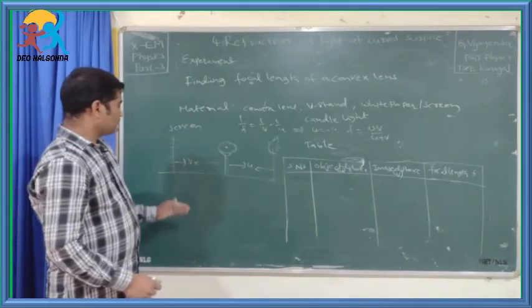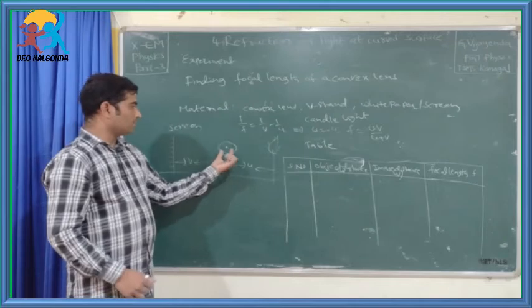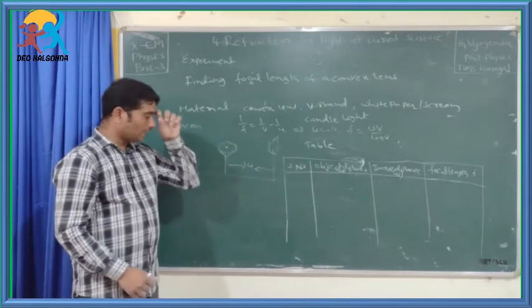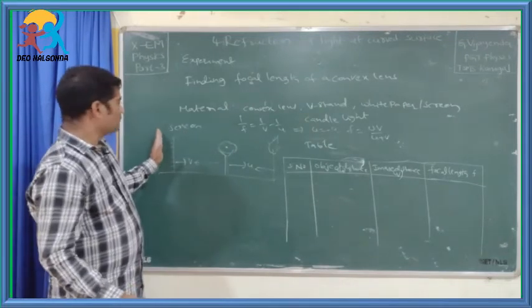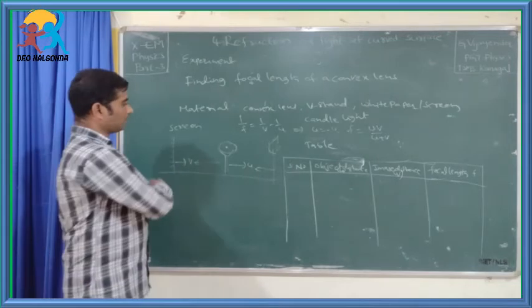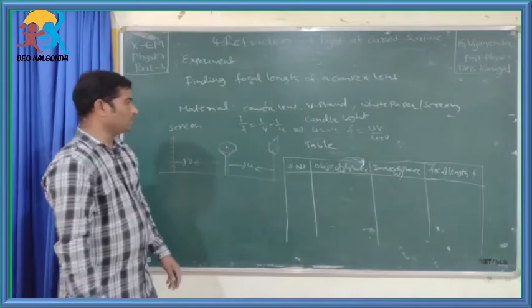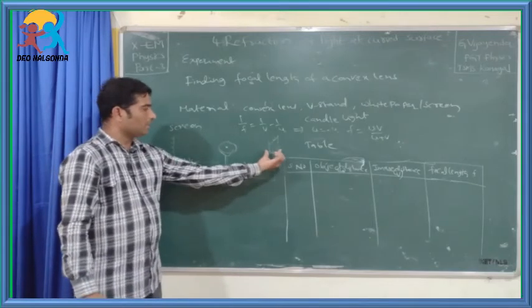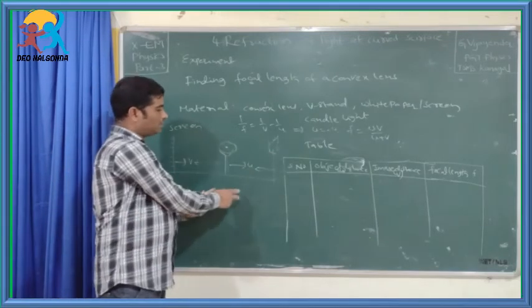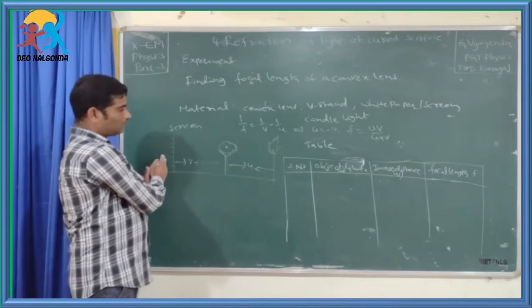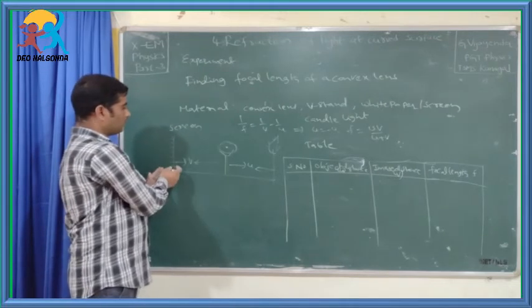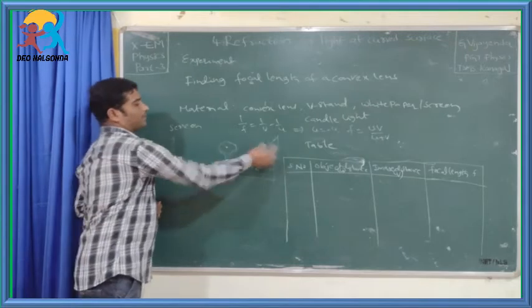For this, take the convex lens in the V stand, and take the candle and the white paper or screen, and place them on the table on the same horizontal line. When you keep the candle at a certain distance, by moving the screen towards and away from the lens, you can find the sharp image of the candle.